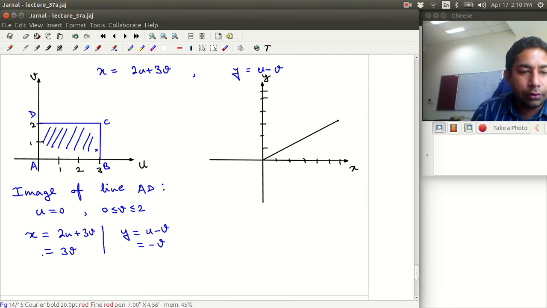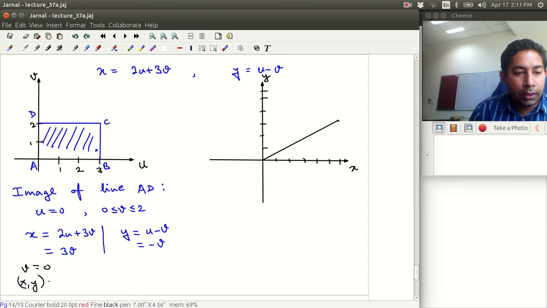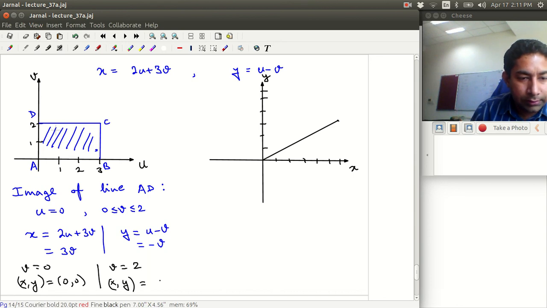So for v equal to 0, we get x, y is 0, 0, and for v equal to 2, we get x, y is 6, minus 2. Okay, so mark the point 0, 0 and 6, minus 2.